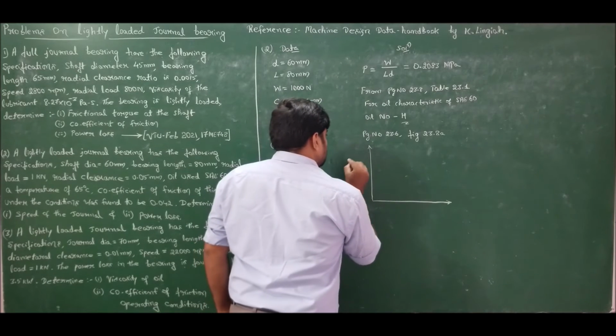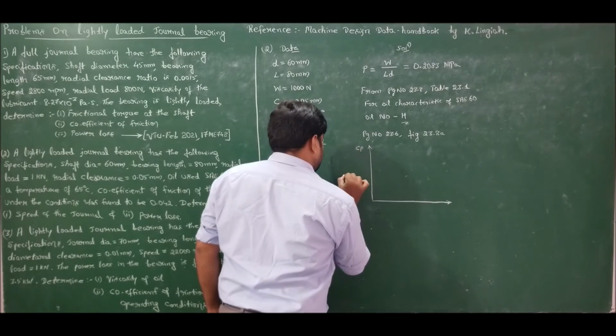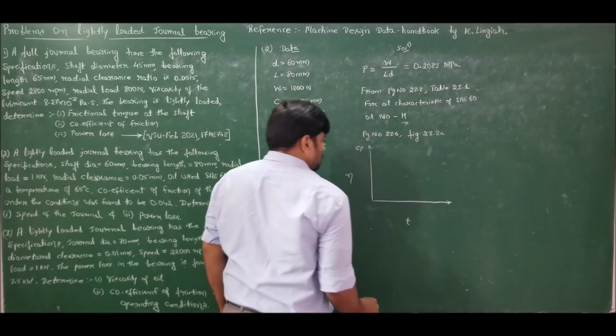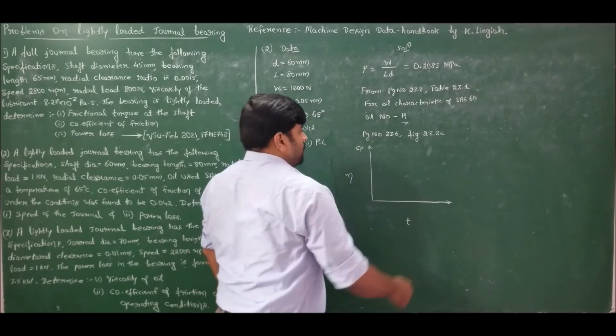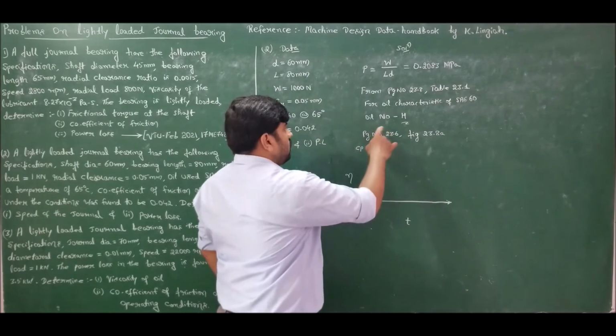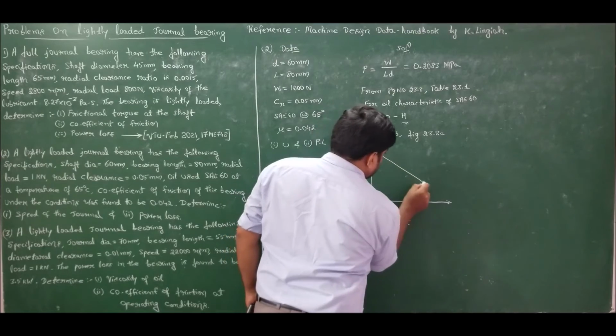Here we have centipoise, that is eta. In this we have different oil numbers A, B, C, D, E, F, G, H, like that, but we want H. So take oil number H.